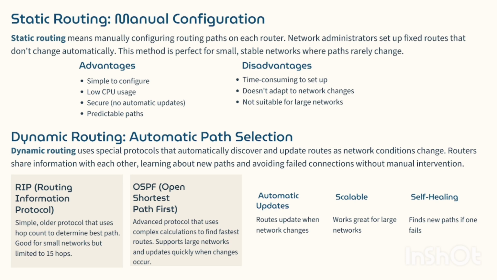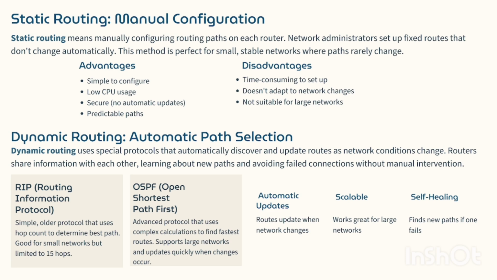In this we manually define the routes. Advantages of static routing are that it's simple to configure, uses low CPU, and has secure and predictable paths. But there can be some disadvantages as well, such as it is time consuming, it does not adapt to network changes and is not suitable for large networks.